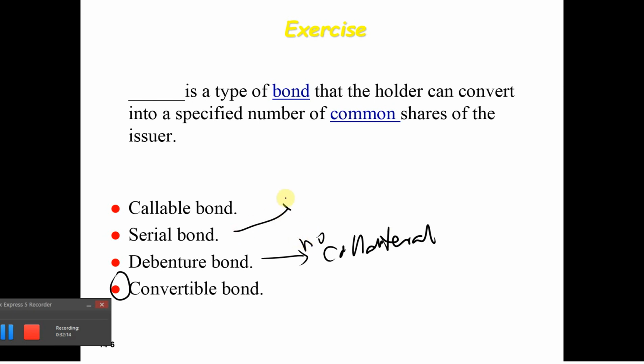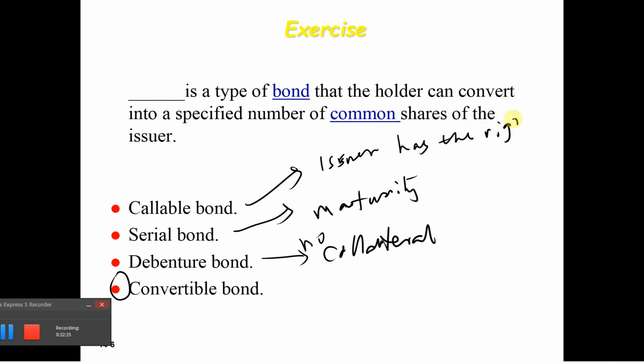Serial bonds is about maturity. And callable bonds is about the issuer having the right to make the change. And convertible bond, the bondholder has the right to make the change. Okay.